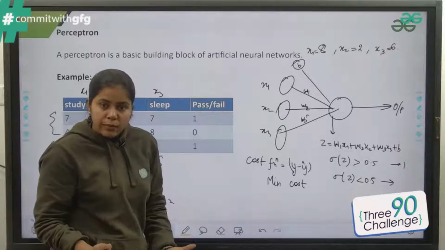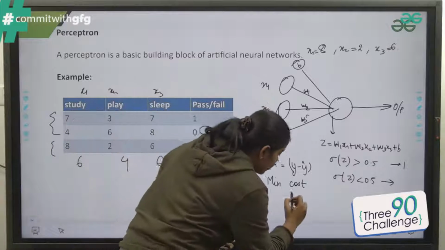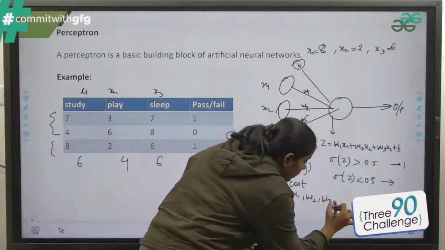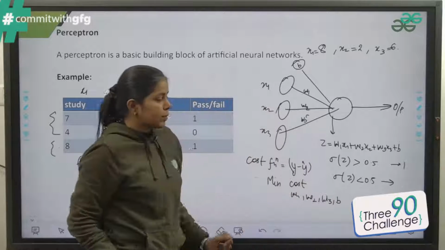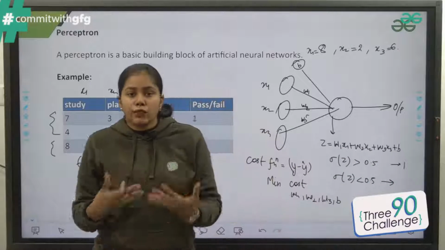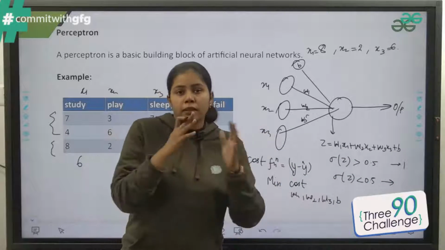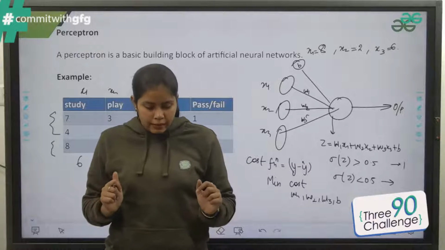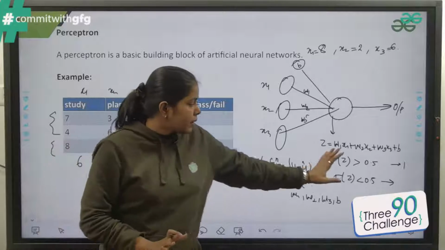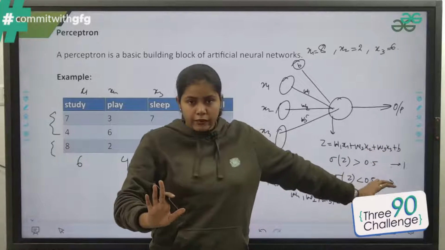And how do I minimize this cost? I'll find out this W1, W2, W3, and B, such that this function gets minimized, because x1, x2, x3, I already have. The values which I have taken by myself are W1, W2, and W3, right? These three values and B, four values I have taken by myself.